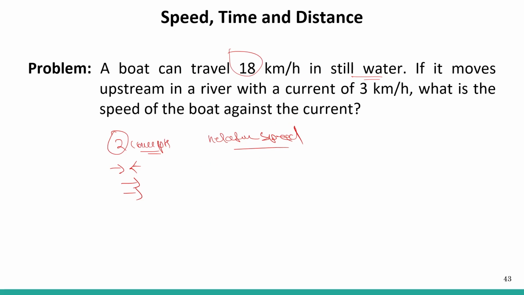Since in this case it is moving upstream, their speed will be in opposite direction, right? So relative speed is equal to 18 plus 3 because the current is in opposite direction as the boat is moving upstream. So this will be equal to 21 kilometer per hour.